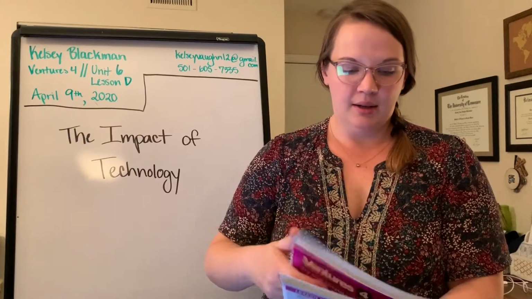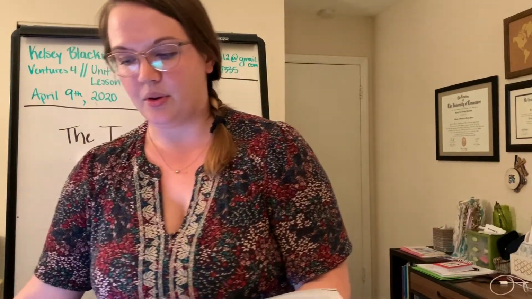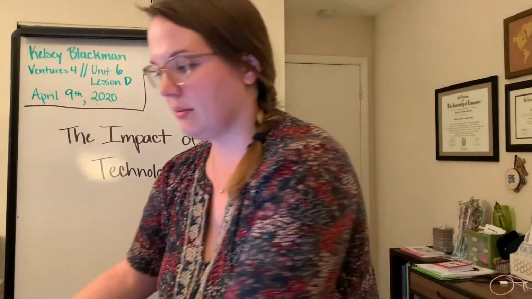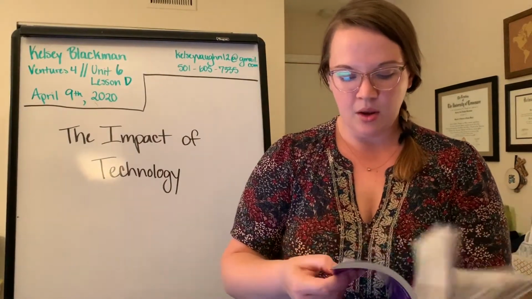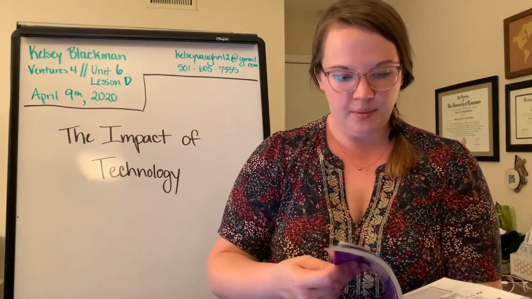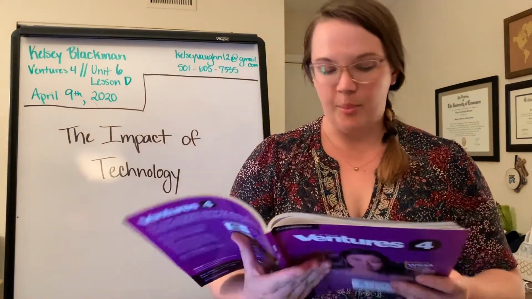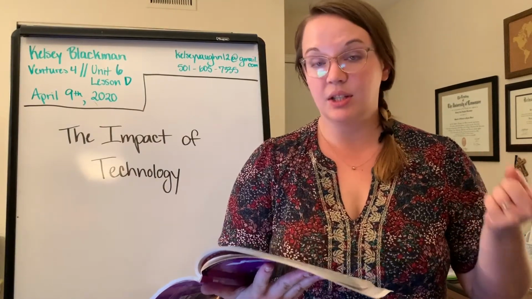Number 1. In what 4 areas does the author provide examples for how technology has changed people's lives? Let's go back to the article. 4 examples. So, the first is obviously transportation.